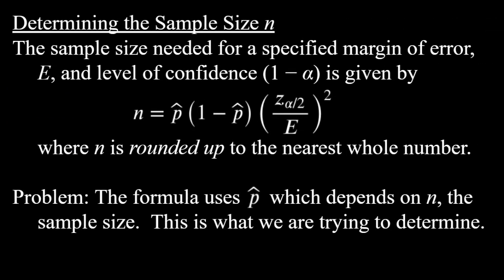As we had to do in our previous section, we also at times need to find out how large a sample size we need to be able to come up with an accurate enough answer for what we're looking for.